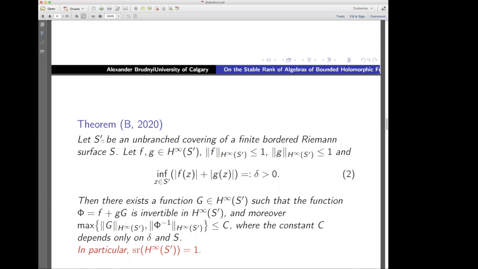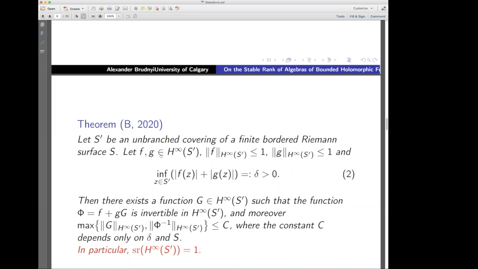So let S prime be an unbranched covering of a finite bordered Riemann surface S. When I say unbranched covering, I don't assume that S prime is connected. Actually, I can take the disjoint union of connected unbranched coverings of a finite bordered Riemann surface, and still it will be my S prime.